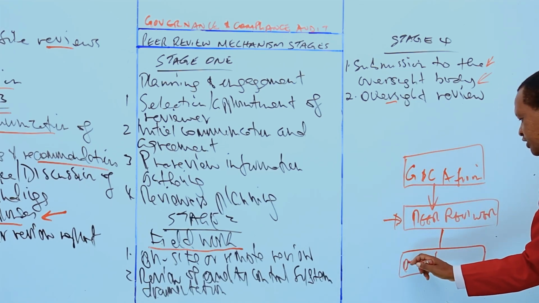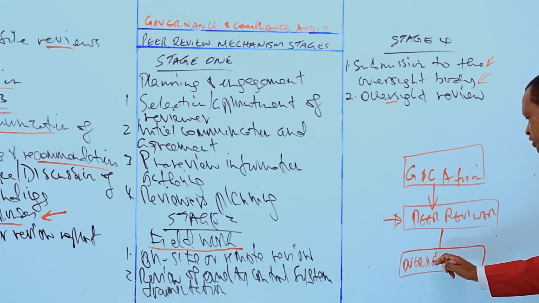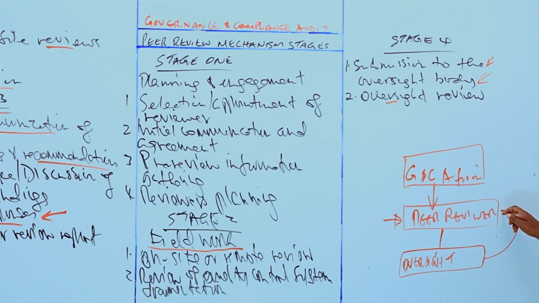So the oversight body reviews to determine whether the peer reviewer conducted the review of the governance and compliance audit firm in accordance with the peer review standards. You understand?